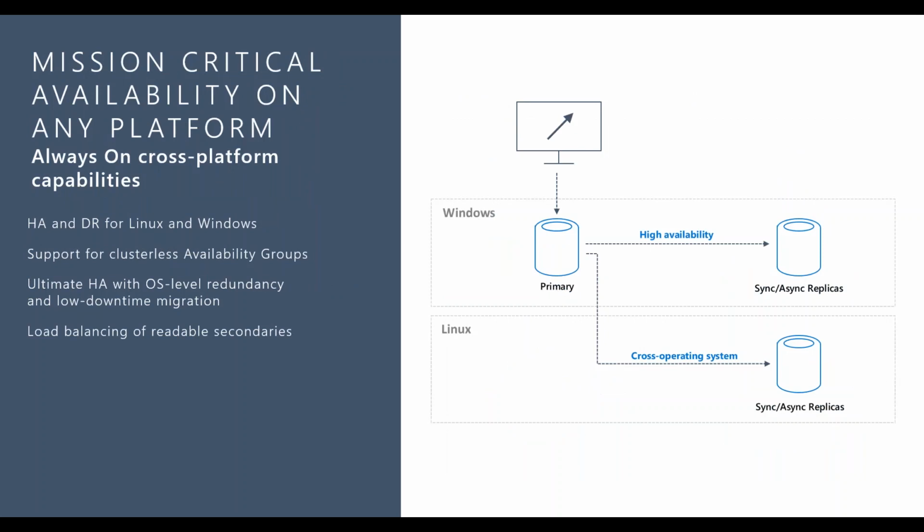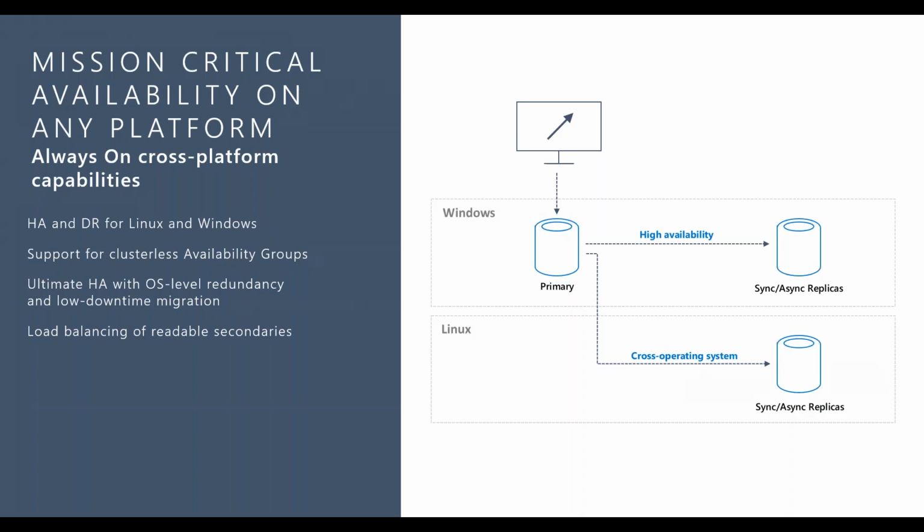High availability becomes important, and high availability regardless of platform. So SQL Server out of the box has something called SQL Server Always On, and Always On is the name for a series of technologies used for high availability.